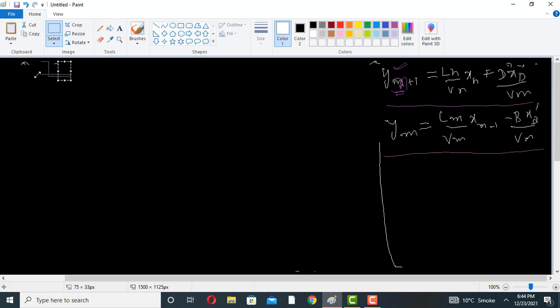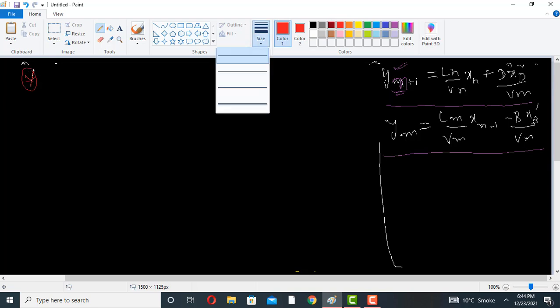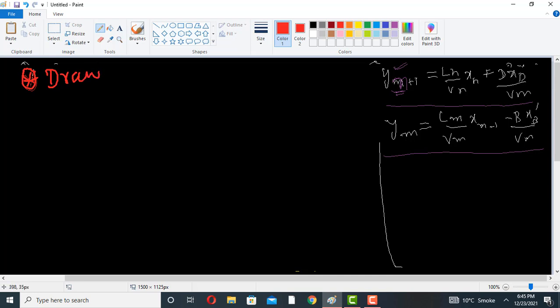So the procedure is very simple. First of all, we will draw the xy plane. Then draw the diagonal line.